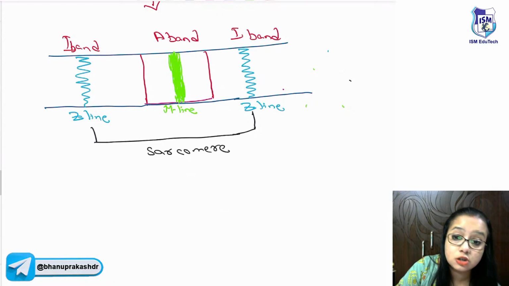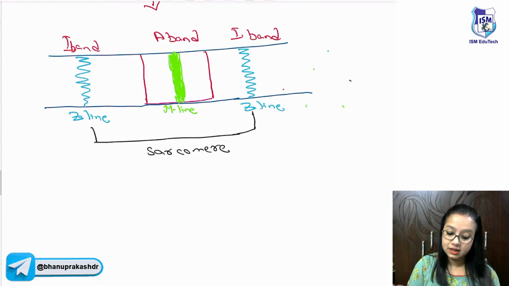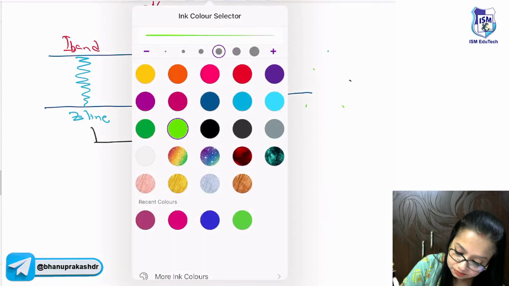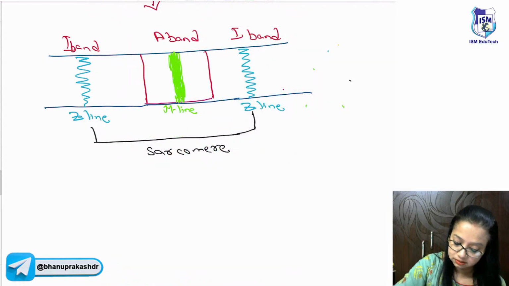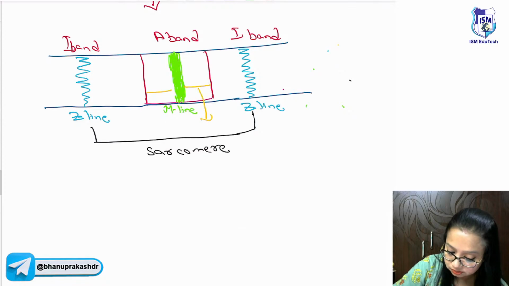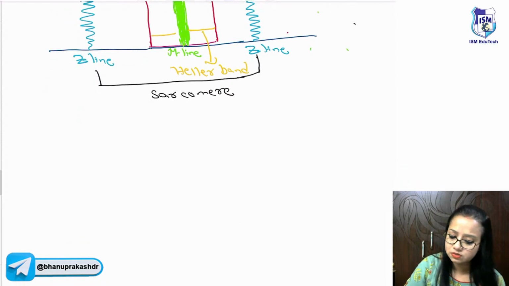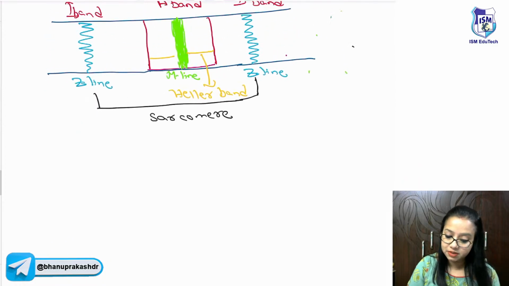And the not so bright area on either side of the M line is the H band, or Heller band. Now, this is what we see under the light microscope.